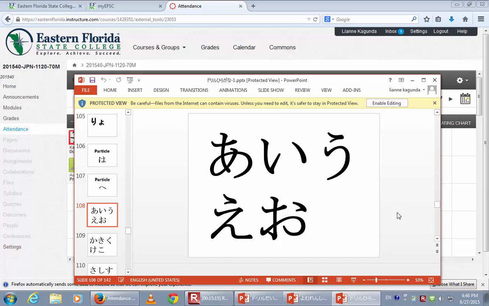Okay, so those are all of our 2-letter vocab words. Now we're going to look at some 3-letter words, and then some 4-letter words, and then some longer words. This is iie, which means no, and it also works as a sort of don't worry about it, don't mention it when somebody says thank you. Okay? And note that it is iie versus ie.